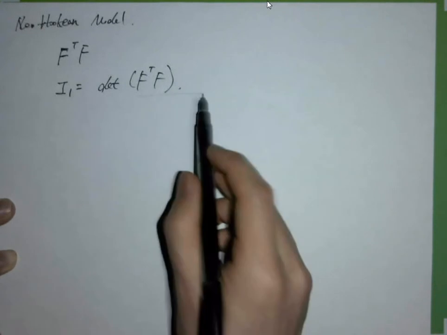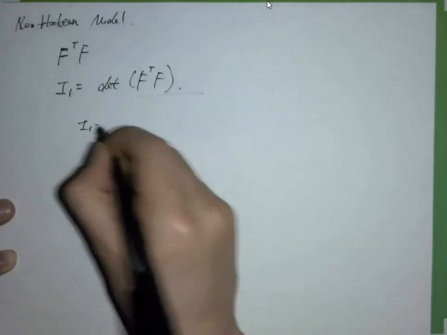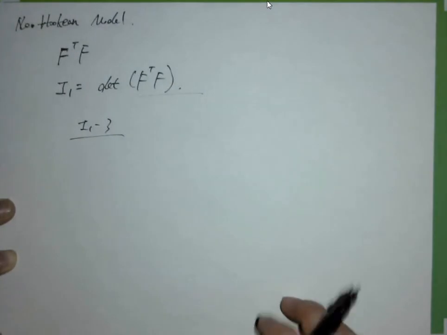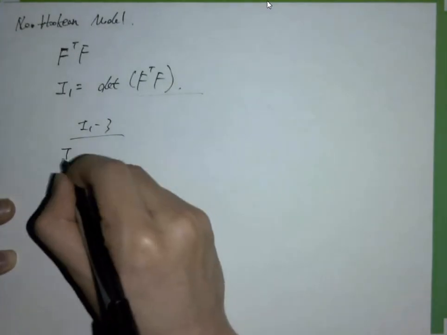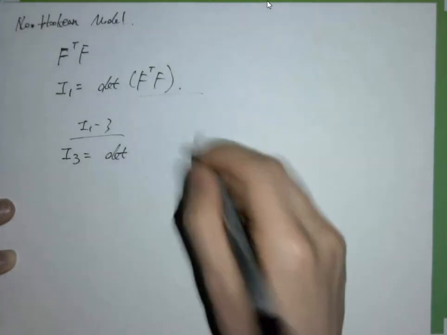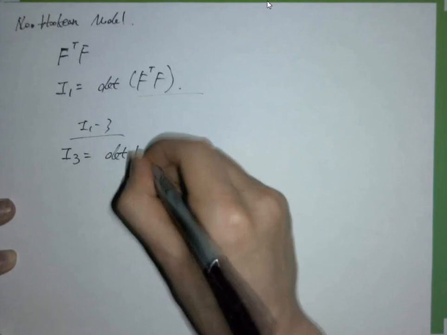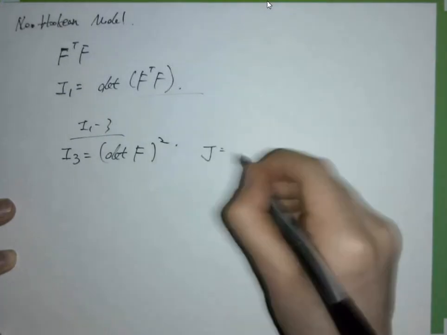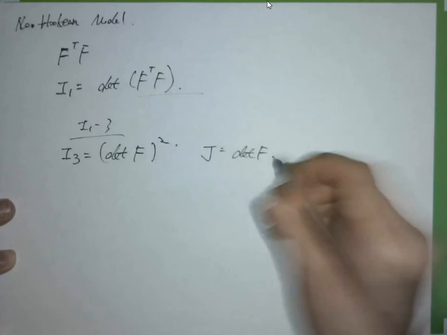So I1 minus 3 is something it wants to preserve. Also I3 equals determinant of F squared, or J equals determinant of F. This is a volume term.